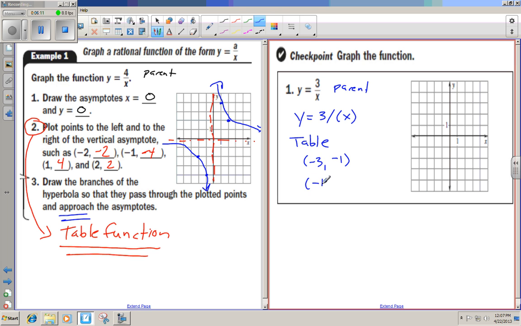If you look at -1, it goes to -3. If you look at 1, it goes to 3. And if you look at 3, it goes to 1. So here are a bunch of your points. Now, the asymptotes are y equals 0 and x equals 0.